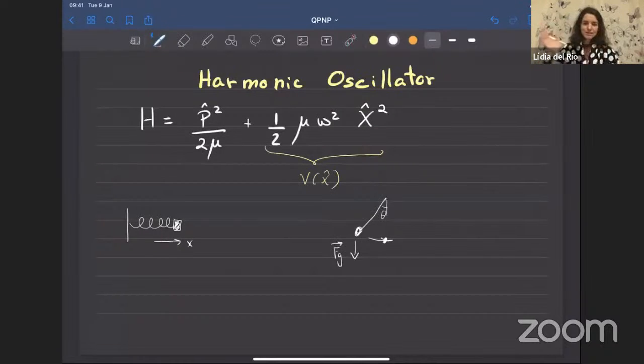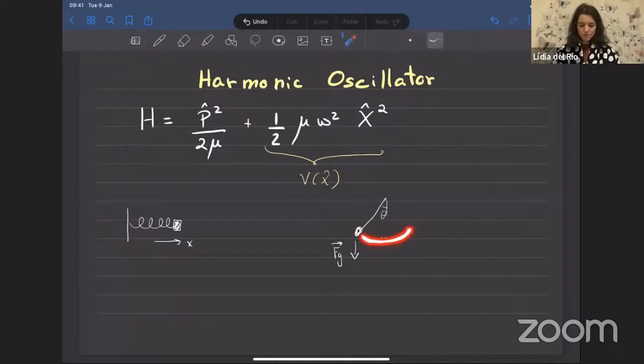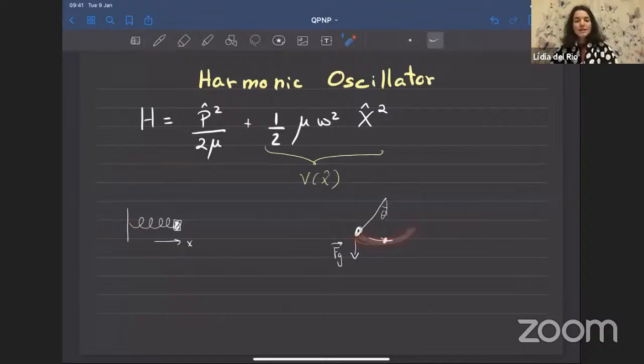So from the position of maximum speed, it slows down till it gets to the top, and then the force pulling it back wins, and it oscillates like this. And if there's no dampening, it will just oscillate like this with a fixed period forever. That's why it's called an oscillator, and a harmonic oscillator.